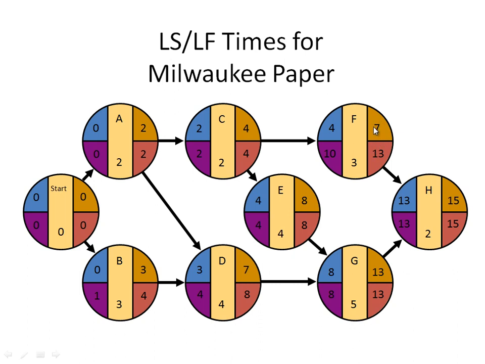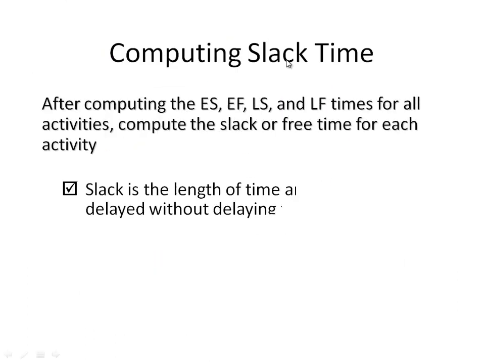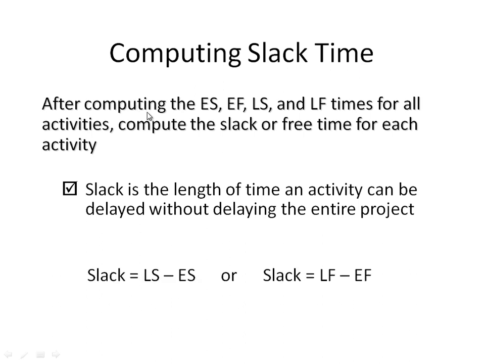The earliest finish is 7, the latest finish is 13, and that's the slack time. The same for D and the same for B. To compute the slack time, it is equal to latest start minus earliest start, or latest finish minus earliest finish.